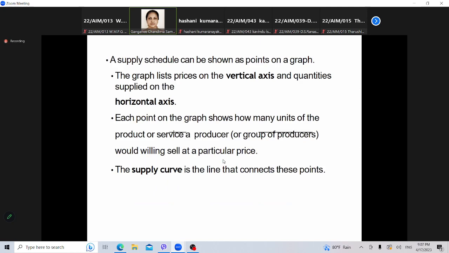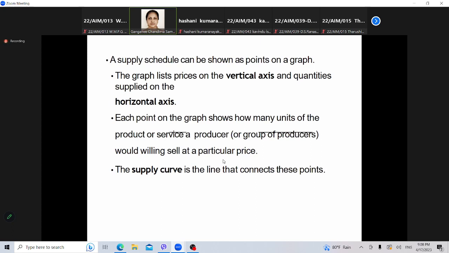So the supply schedule can be shown as points on the graph, as we showed in the demand schedule, demand curve. The graph lists the prices on the vertical axis, that means the y-axis, and quantities supplied on the horizontal axis, same as the demand curve.